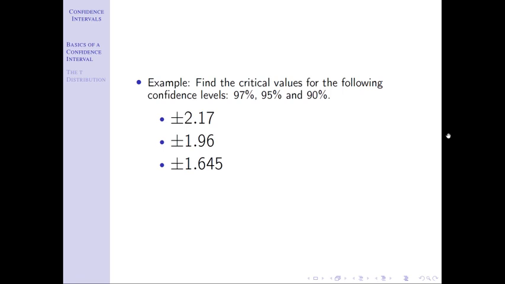You will see some questions in your homework, and you will see at least one question on each of your exams coming up that ask you to find a critical value for a non-common significance level. So use that little cheat sheet at the bottom. That's great, but also be able to find a critical value for something like a 3% significance level, like we did in that first example. That's an important skill that we already learned back in chapter 6. I want to make sure that you can still exercise those muscles. All right.